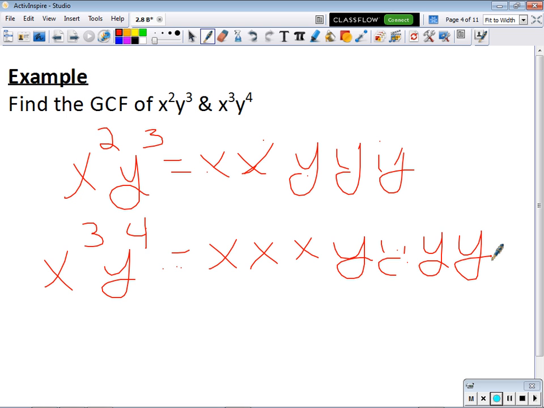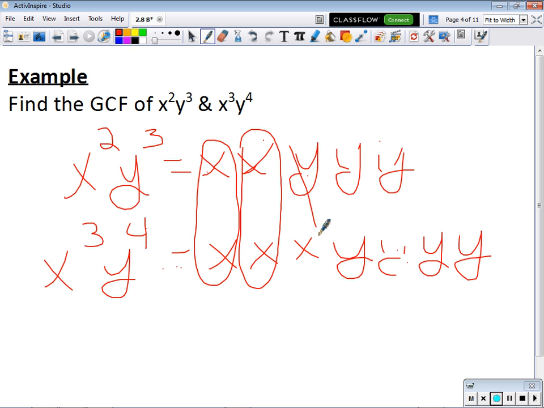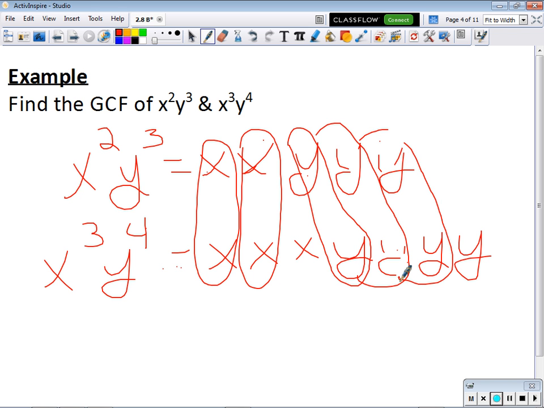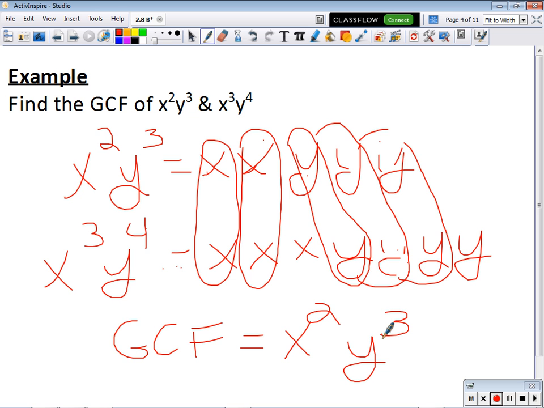Once again, I'm just looking for what they have in common. There's a set of x's in common, another set of x's in common, then a set of y's in common, another set of y's in common, and then another set of y's in common. How many sets they have in common is the answer here. So we would say the GCF for this would be, since there are two sets of x's in common, x squared, and since there are 3 sets of y's in common, y cubed.